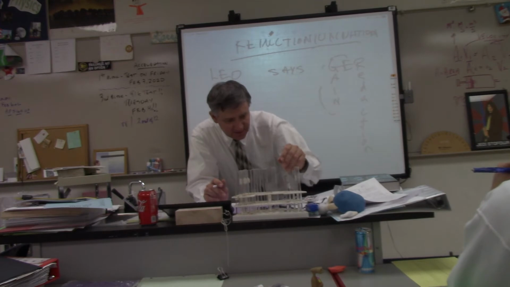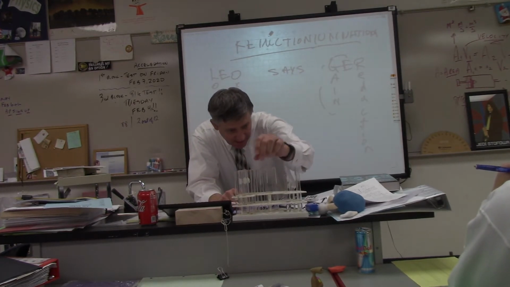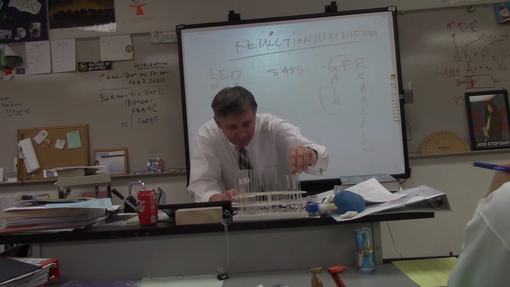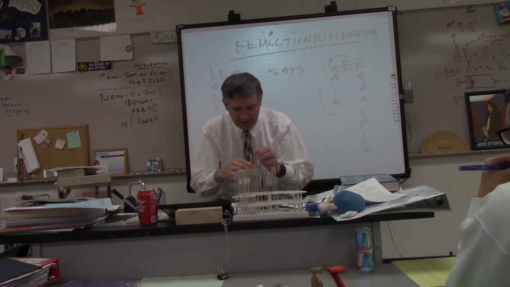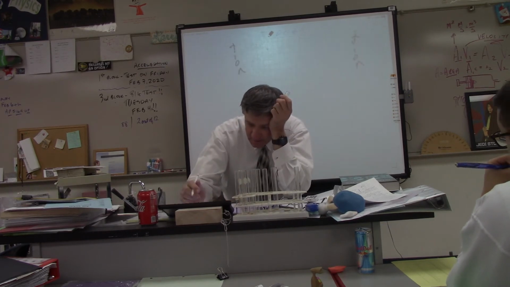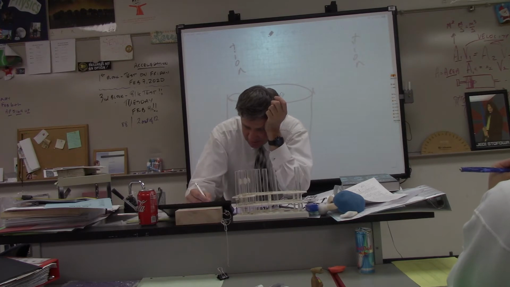So what I'm going to do is something simple, and y'all have seen this done before. I've got this test tube, which I've filled with 1 molar hydrochloric acid. So on an atomic level, I've got a bunch of hydronium ions, and a bunch of chloride ions, and a bunch of water molecules.